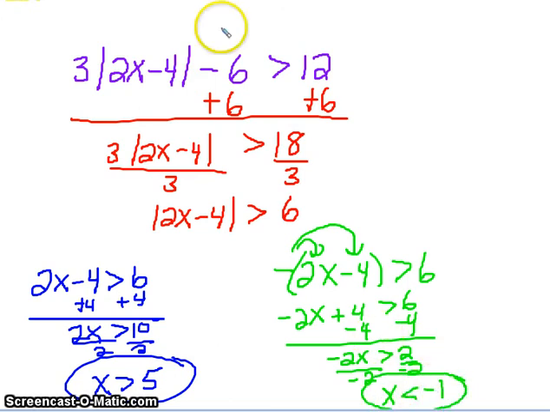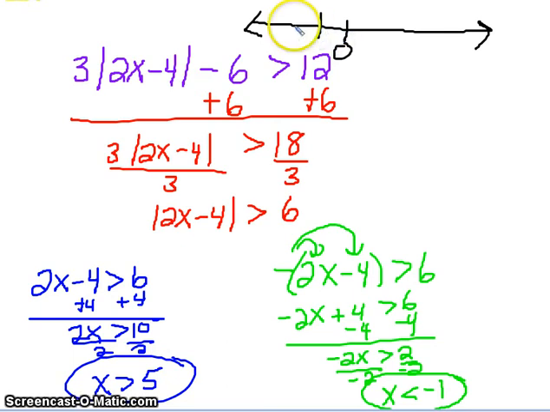So, here, if we wanted to graph this, here's my number line. Here's my 0, negative 1, negative 2, negative 3, 1, 2, 3, 4, 5, 6. Here we have x is greater than 5.